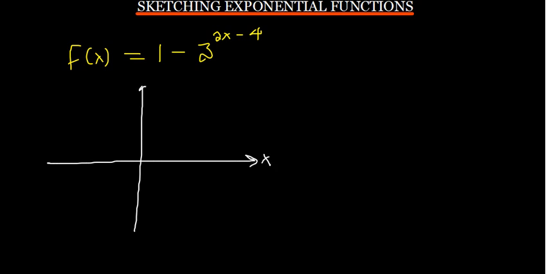So already for this function, we have got a 1 that is going to shift in the y direction there, so we'll not touch this line. And then let's equate the power to 0. So 2x minus 4 is equal to 0. We're going to find that x is equal to 2.